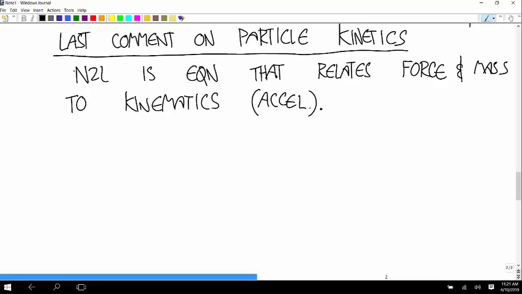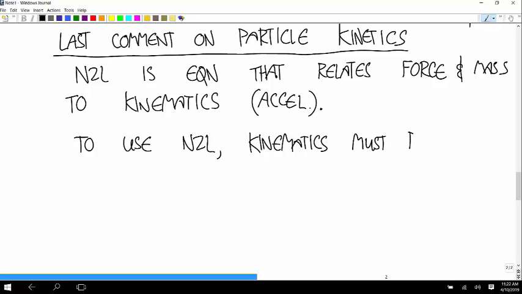In order for Newton's second law to apply, in order for it to hold, the kinematics must be calculated in an inertial coordinate system.